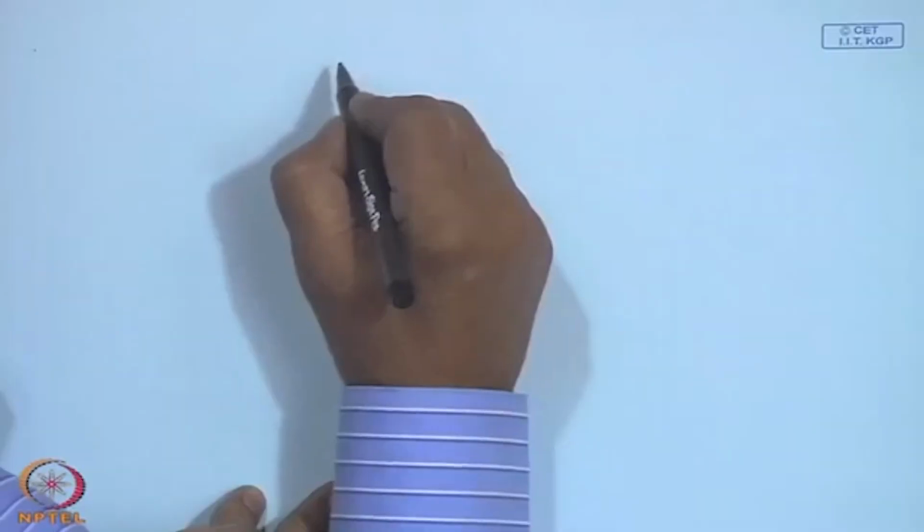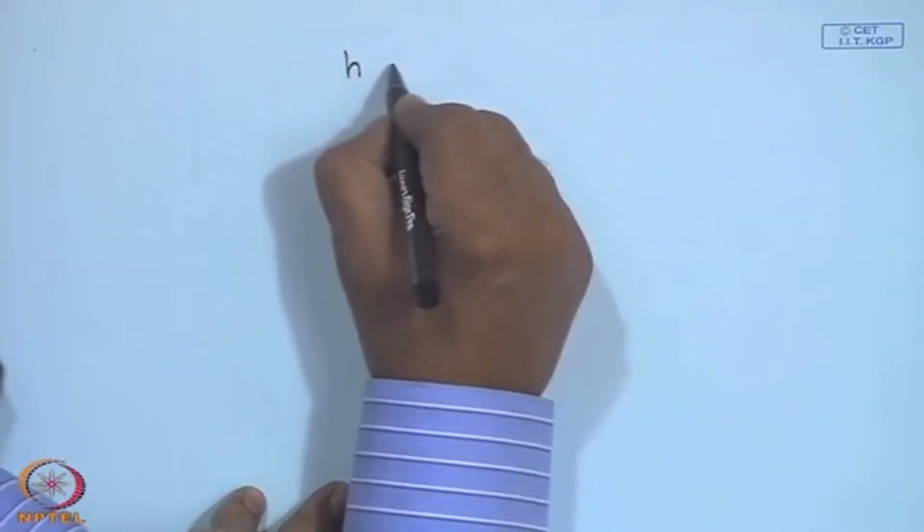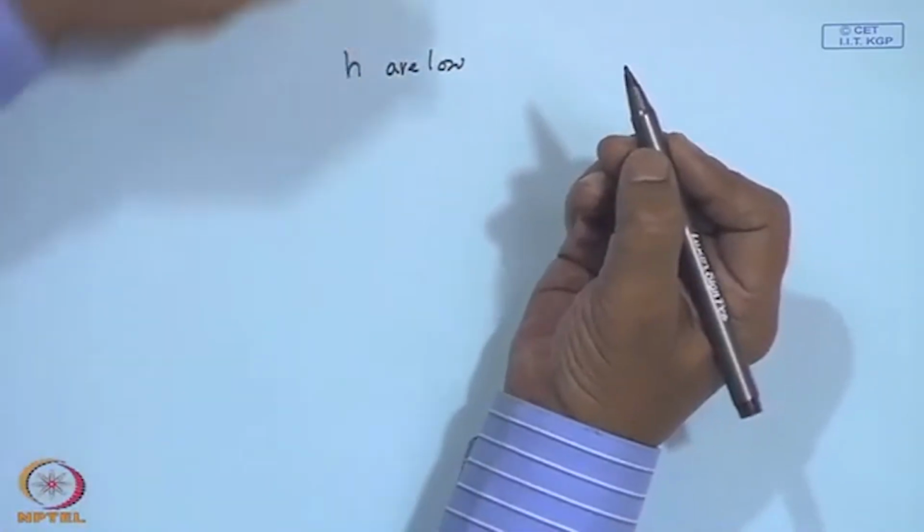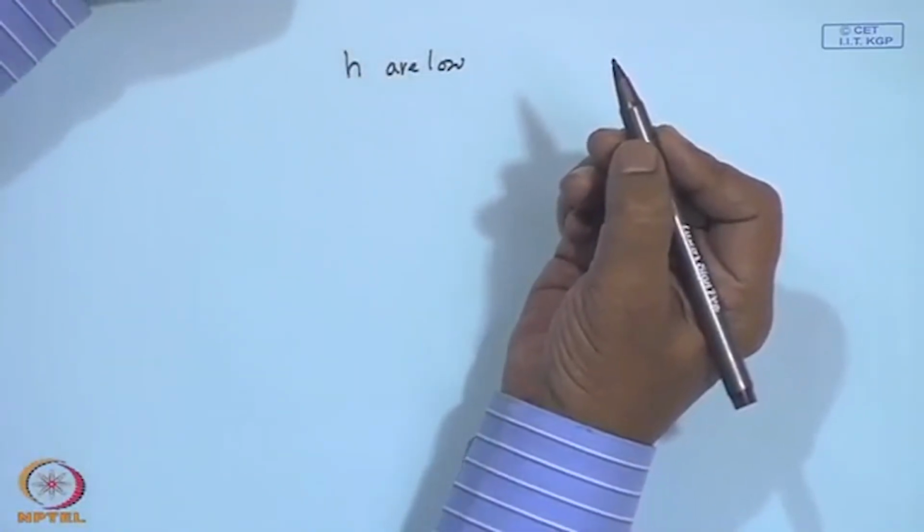Then secondly, air compared to liquid, in general has low heat transfer coefficients. Relatively, if the Nusselt number is the same, since the thermal conductivity of air is considerably lower than that of liquids or water, you have a lower h.